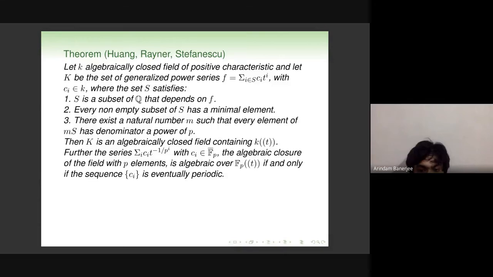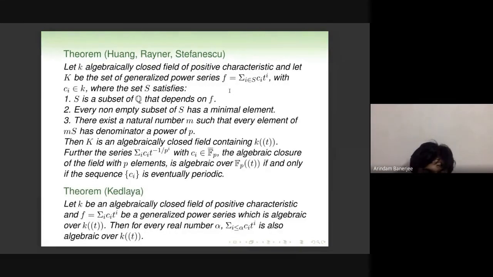Kiran Kedlaya uses this result to give a description of the absolute integral closure in characteristic p, which is difficult to describe, but these theorems give an idea of how different things are in characteristic p.